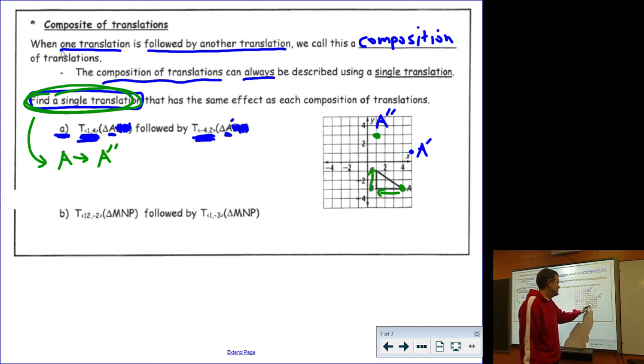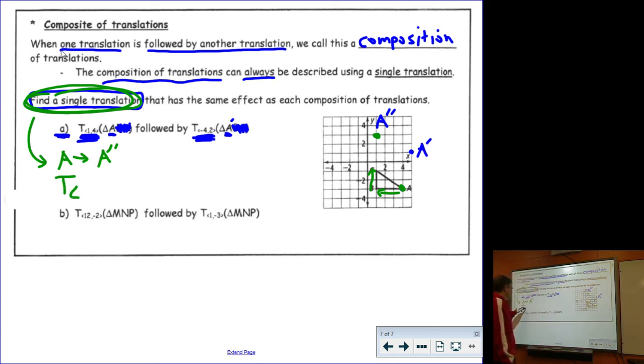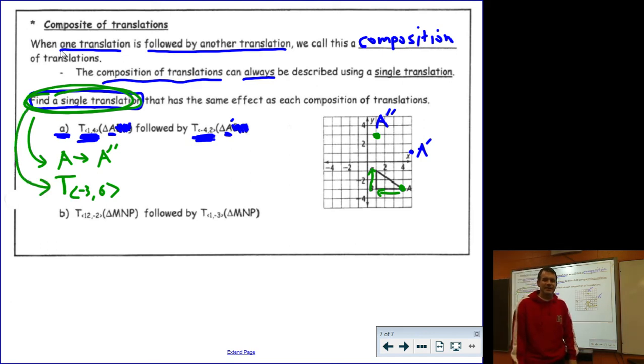It would be 1, 2, 3 spots to the left and 1, 2, 3, 4, 5, 6 spots up. It would be a translation that goes 3 spots to the left and 6 spots up. So our vector would be negative 3, 6, right? The vector gives you direction and distance. All right, so the rule is the single rule. This is the single rule. It's a translation of negative 3, 6.